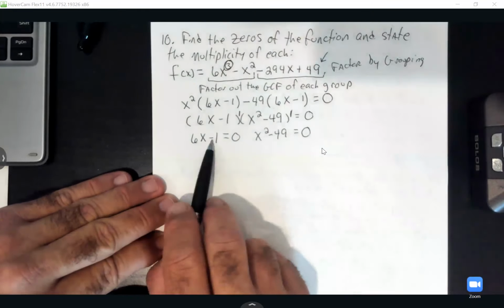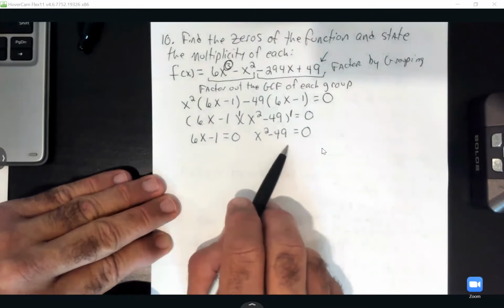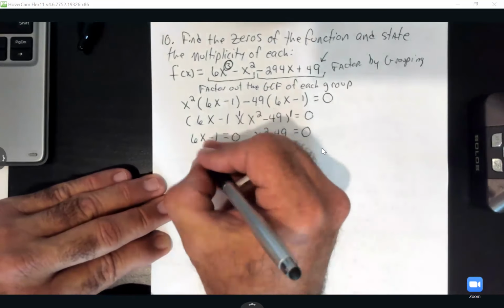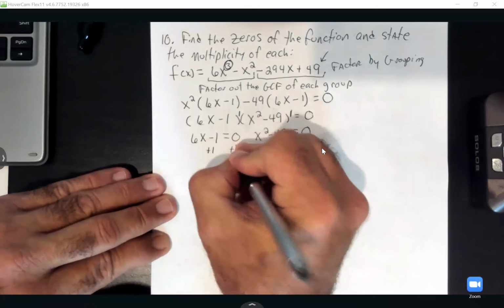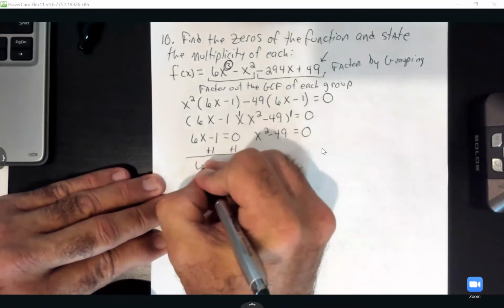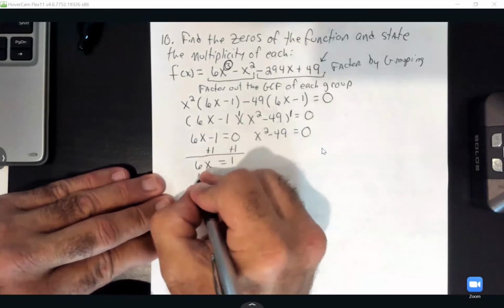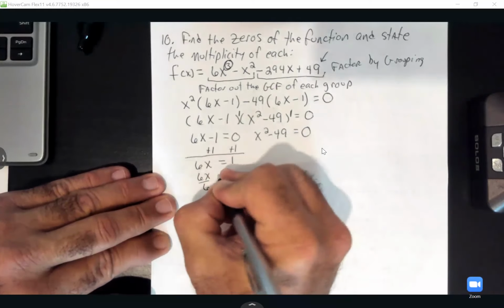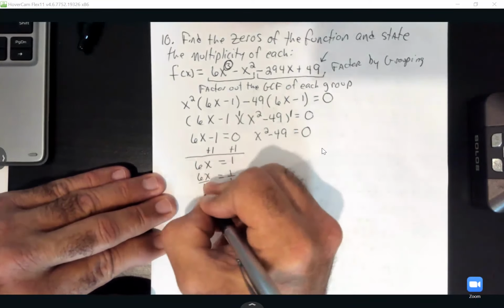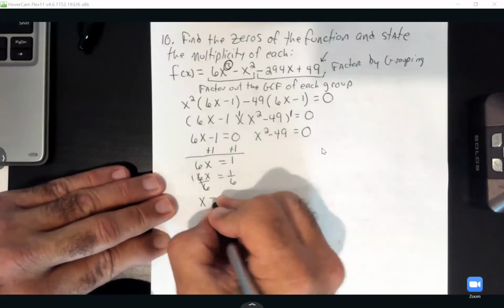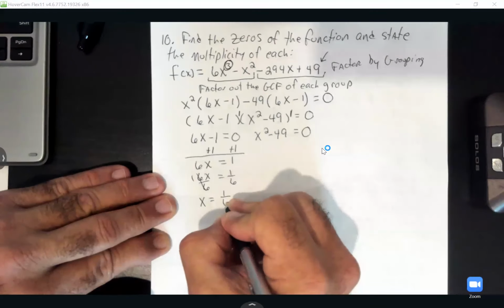You notice one of these will solve, and then the other one I'm going to do the square root stuff too, okay? So here we're going to add 1 first. We get 6x equals 1, and then divide both sides by 6. So that cancels, giving me my 1x equals 1 over 6.